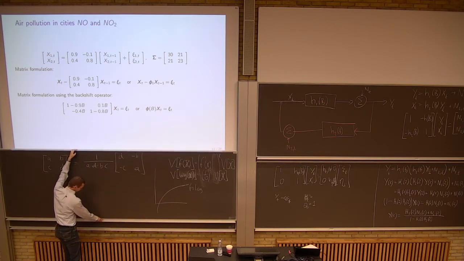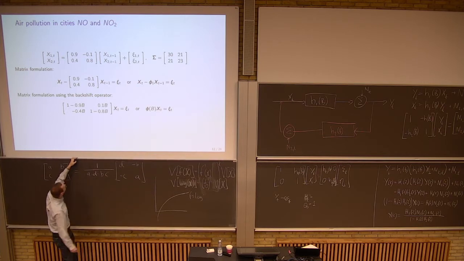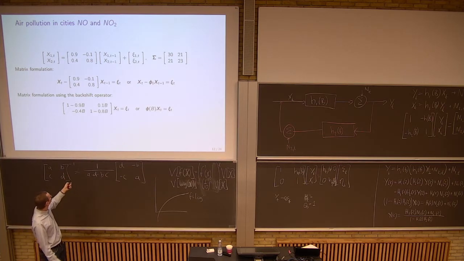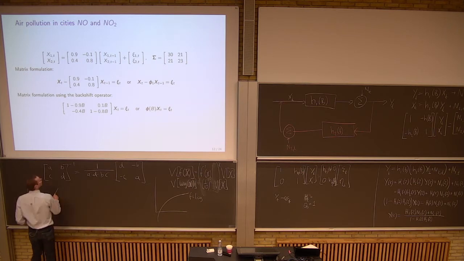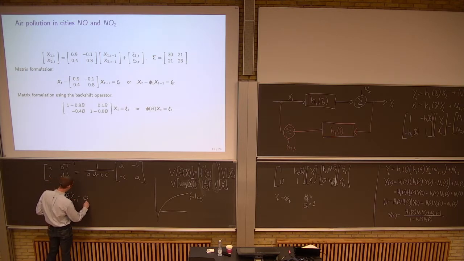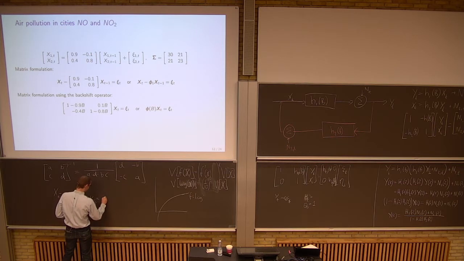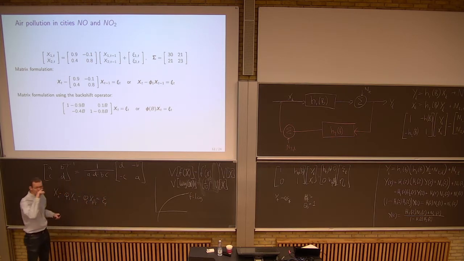So in that case, it's maybe nice to have it in this formulation, whereas in this formulation here, you just have a generic x_t minus phi 1 x_{t-1} minus phi 2 x_{t-2} equals epsilon_t.